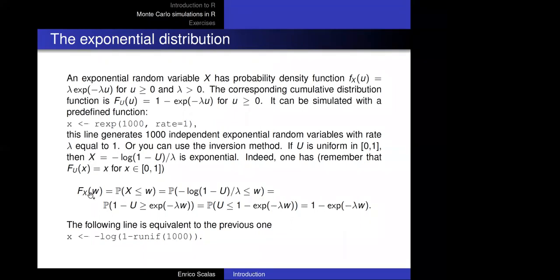random variable x. This is the probability of x being smaller or equal than a certain number.